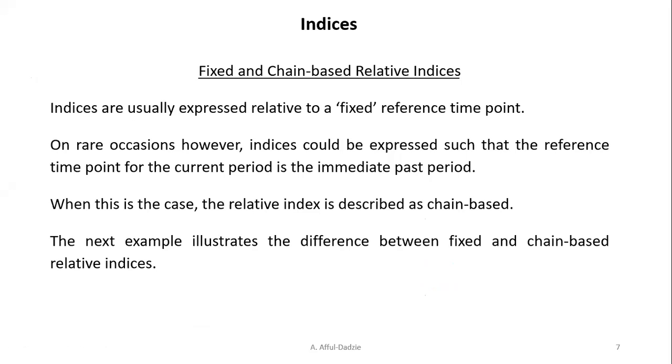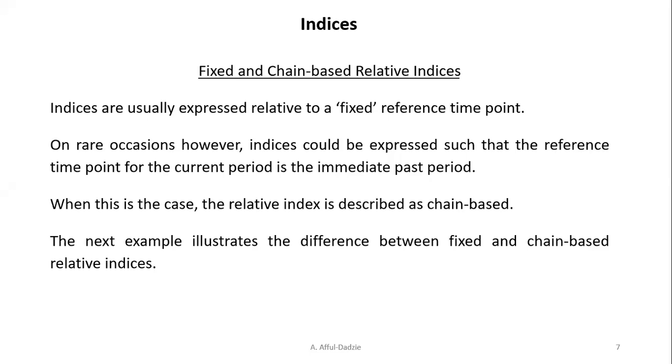Now, we will look at the fixed and then the chain-based relative index. If you look at all that we've spoken about prior, it seems as if there's only a specific period that is kept aside as the base period, and we compare all other periods to that base period.